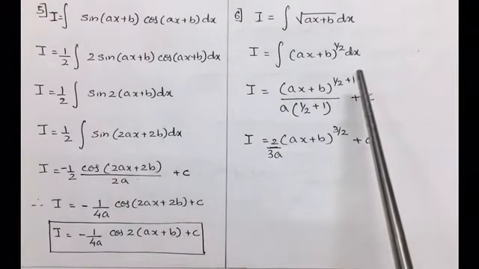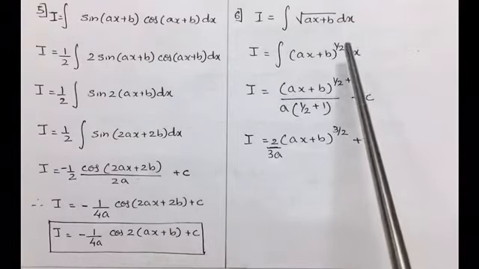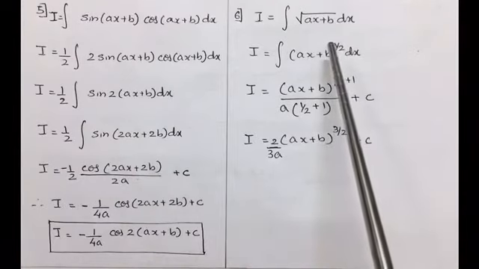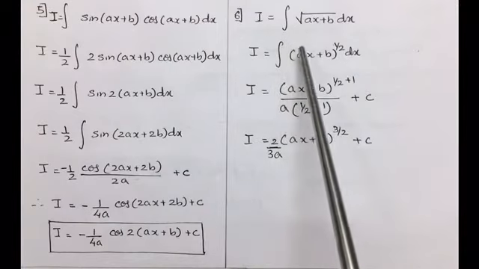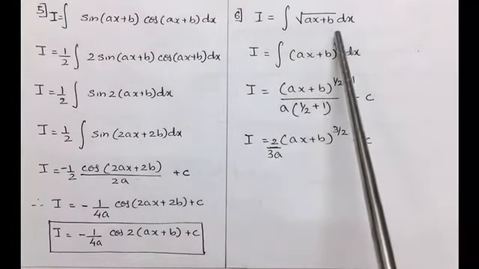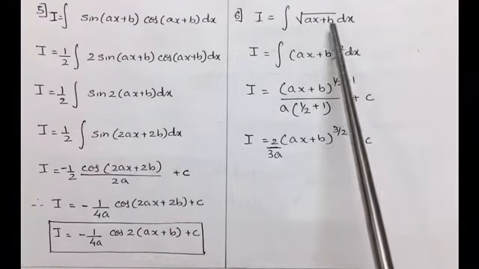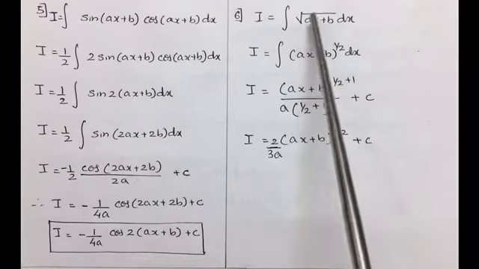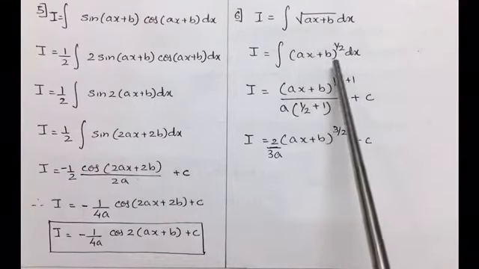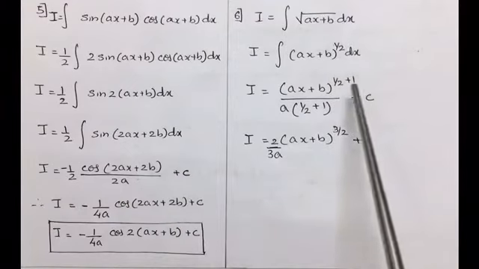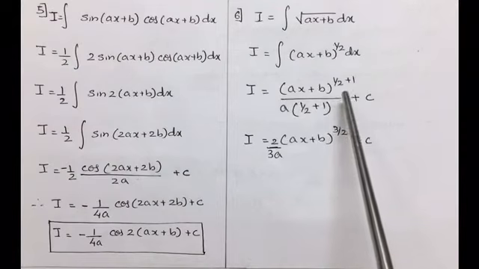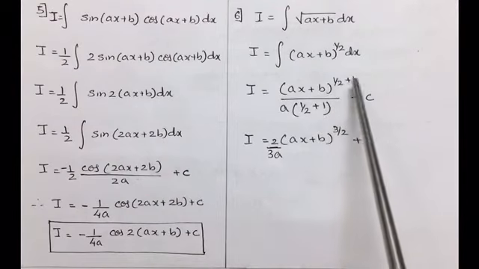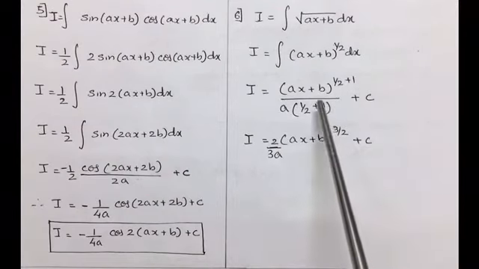Sixth one is, again here we have not made use of substitution. Integration of under root of ax plus b dx. Now here we can write the root sign as ax plus b raised to half dx and integrate it as x raised to n plus 1 upon n plus 1.